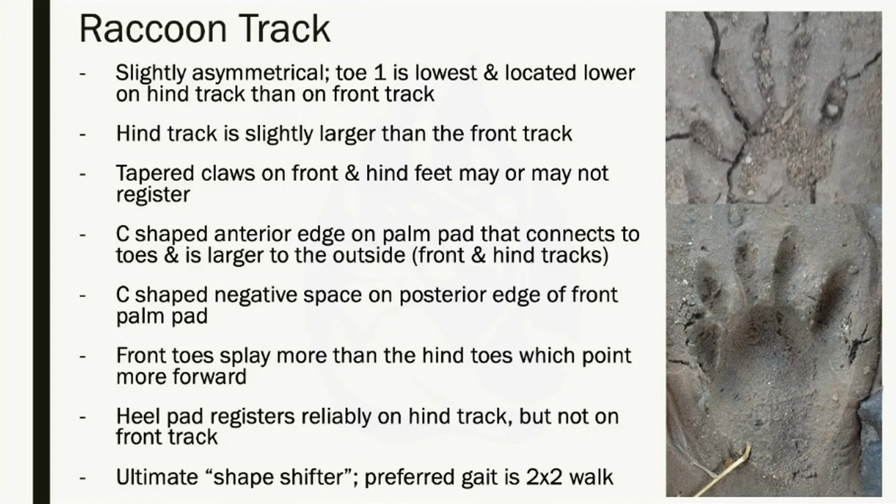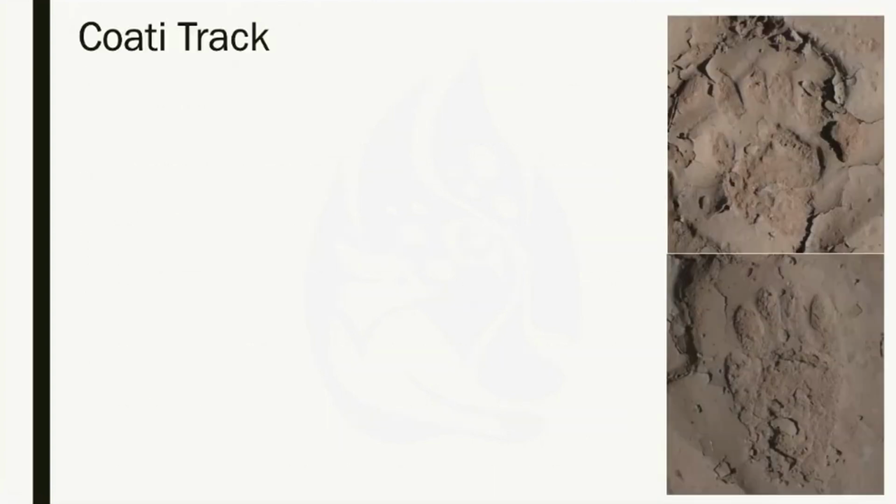So let's say you would have a left front track on the left, and a right hind track immediately to the right of it, side by side. And then up above, you would have a right front track on the right and a left hind track on the left. You just see these groups of 2, 2, 2. There's a few other species that do that, but it's very unusual, and raccoons are the most common. So if you can't make out the track features, that's something to look for.